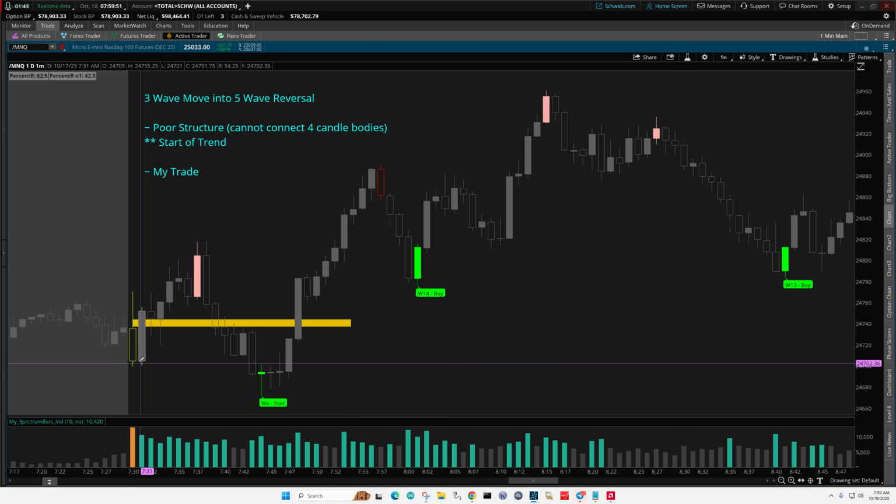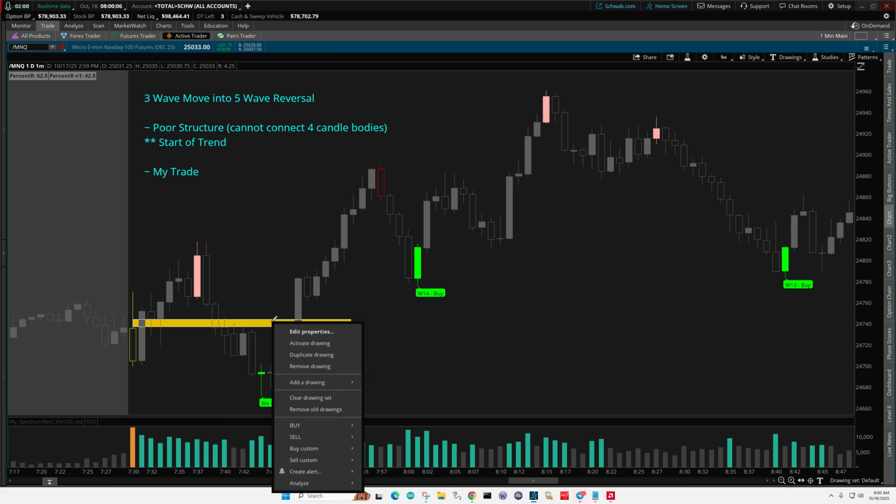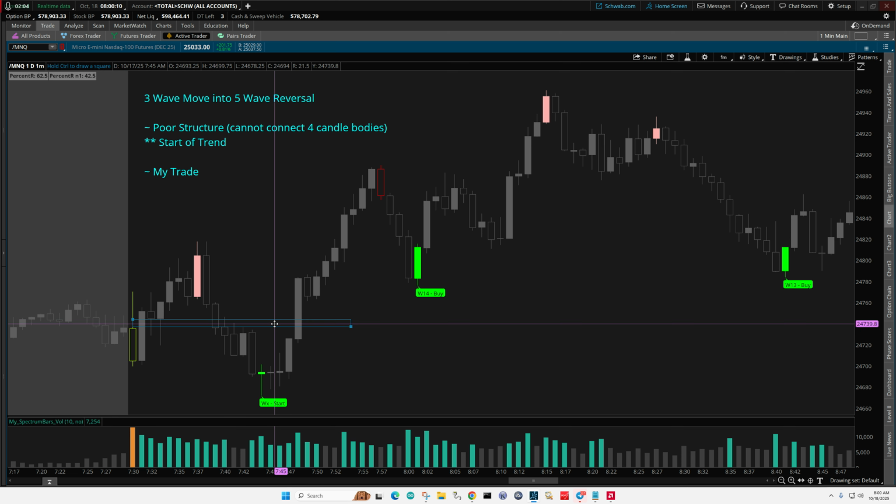And when you look down here in this zone, from the bottom of here, I can only connect this candle body and this candle body, and then the bottom of that would be the top of this candle body. So we have another poor structure zone there.